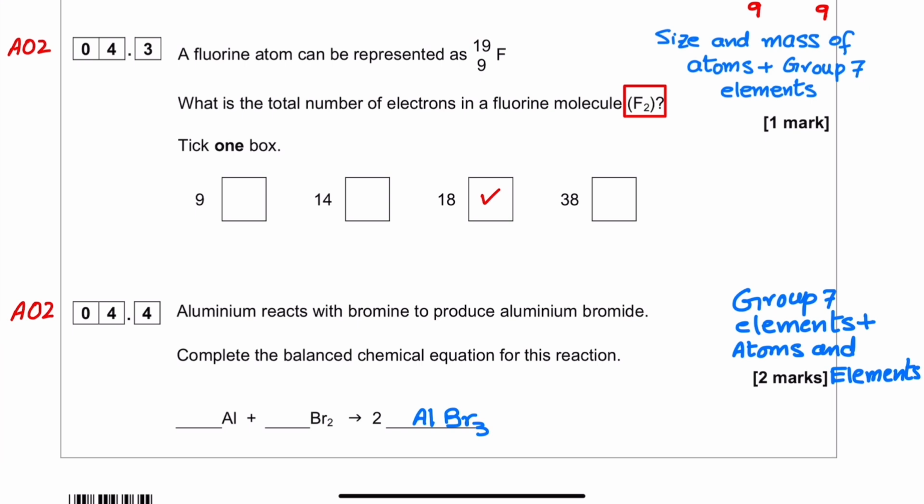There are two aluminium on the right side, but there is one aluminium on the left side. To balance left and right, we will put 2 here, so we can count 2 aluminium on the left side and 2 aluminium on the right side.